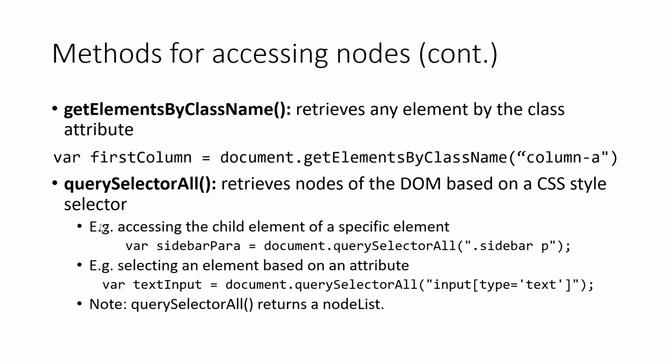Remember we use classes with a dot. For example, if we want to access some child element, we use query select all dot sidebar, and within the sidebar, if you want to access within it, we can put sidebar paragraph. And if you want to select based on a particular attribute, query select all input with type text.